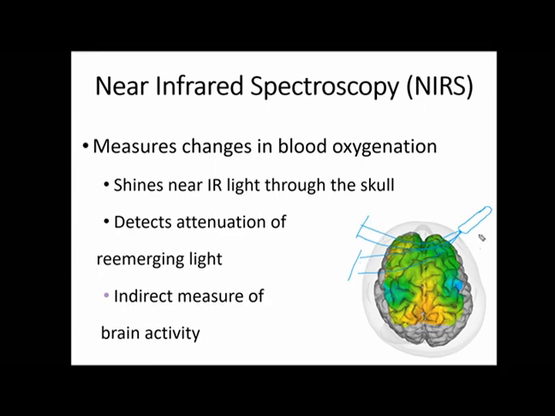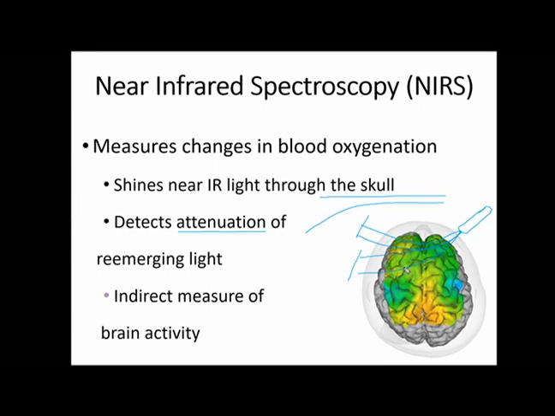And so you would have your infrared light shining device, and then on the other side you have some kind of detector that would tell you what angle the light is coming out at. And they call it the attenuation of re-emerging light. And attenuation just means how much that beam's path was curved. So is it mostly straight or has it bent a little bit?